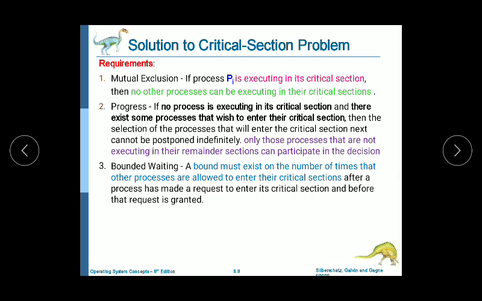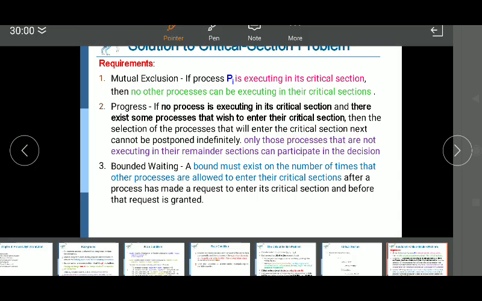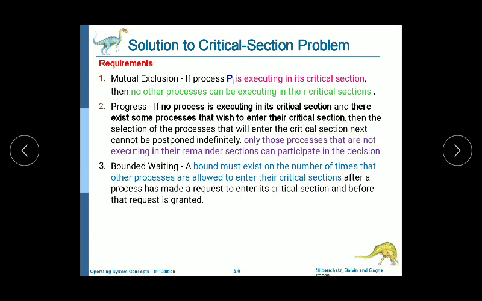Next one is progress. If no process is executing in its critical section and there exist some processes that wish to enter their critical section, then the selection of the processes that will enter the critical section next cannot be postponed indefinitely. That is, only those processes that are not executing in their remainder section can participate in the decision.